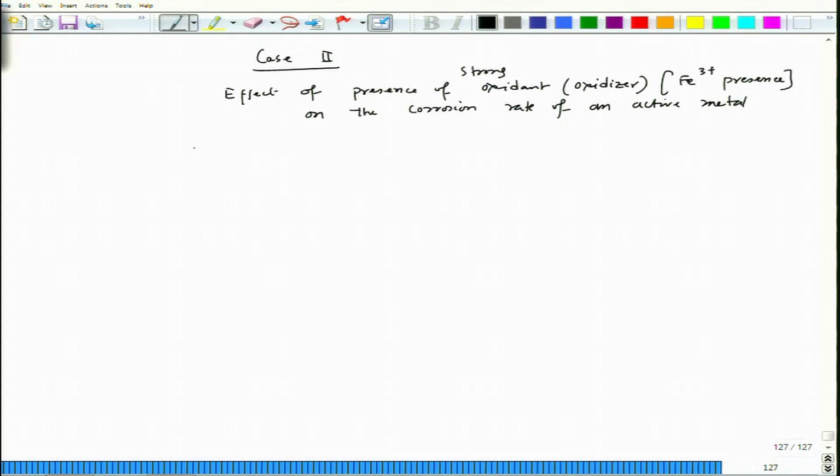Now, again let us draw the Evans diagram.